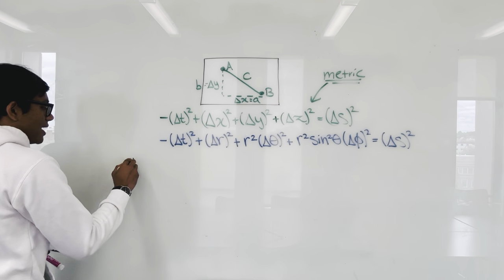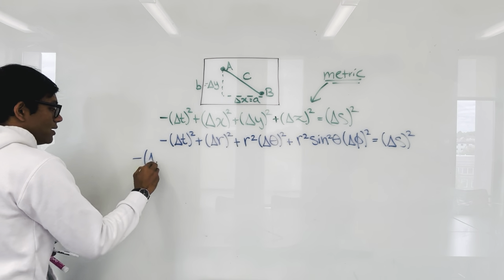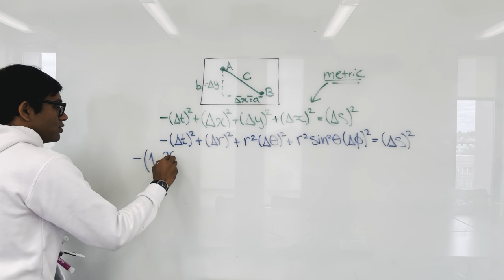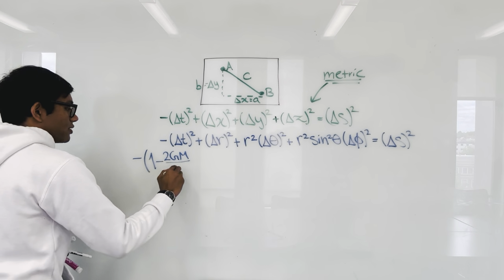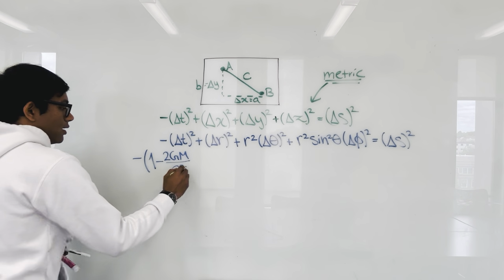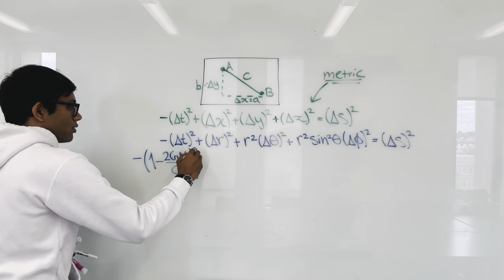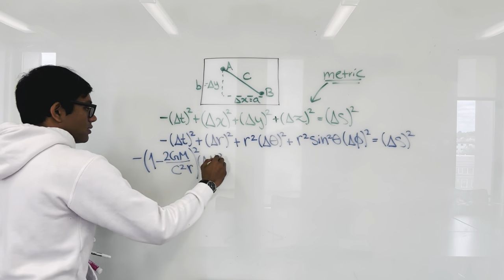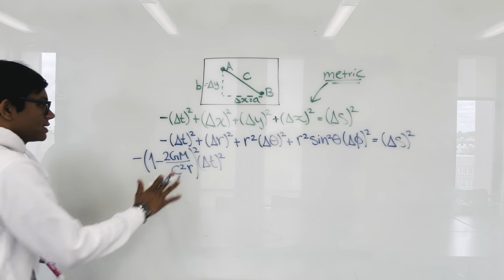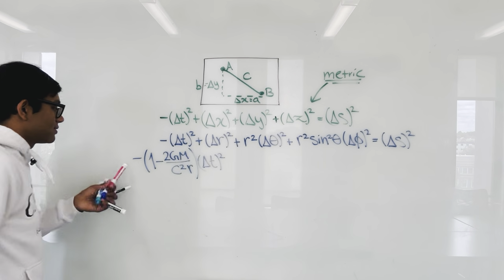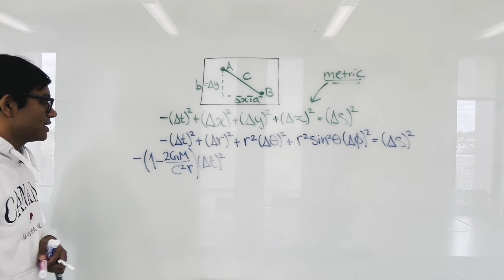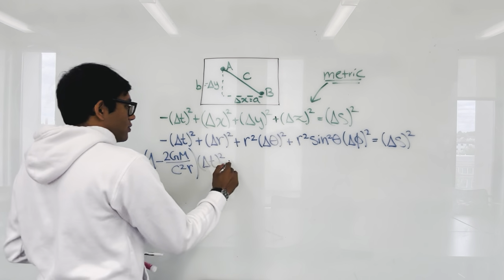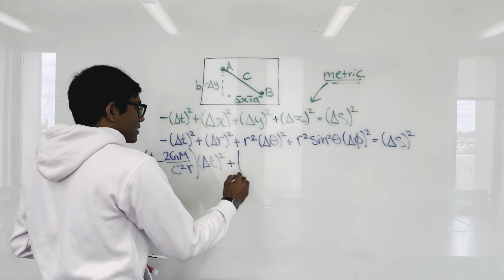So I'm going to have minus 1 minus 2GM over c squared r, whole squared, delta t squared. Okay, actually this is not squared. So this is minus 1 minus 2GM over c squared r. I'm going to explain where all of these things come from.